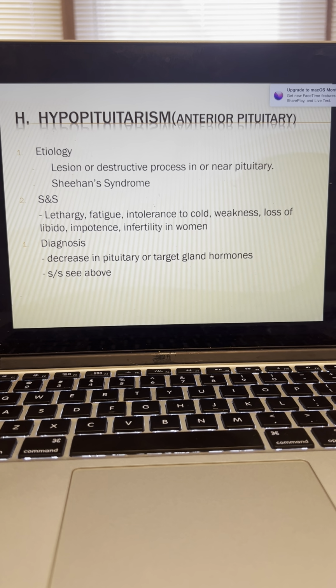So again, a lot of times diagnosis of this particular issue is going to be delayed. Diagnosis then might be a decrease in pituitary or the target hormones. And the other signs and symptoms you can see above there.